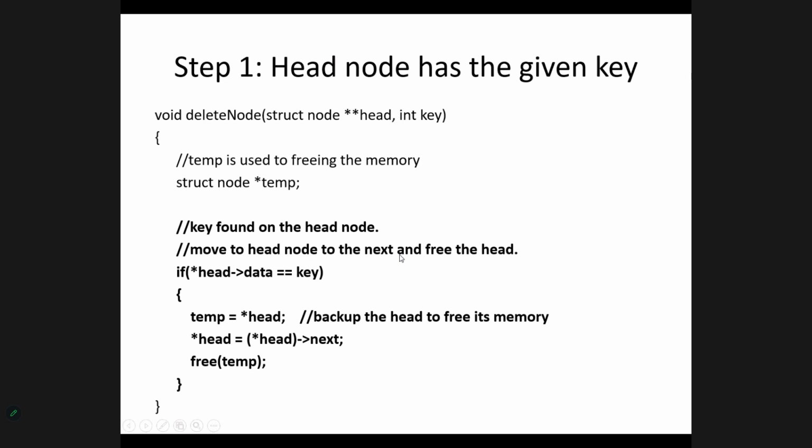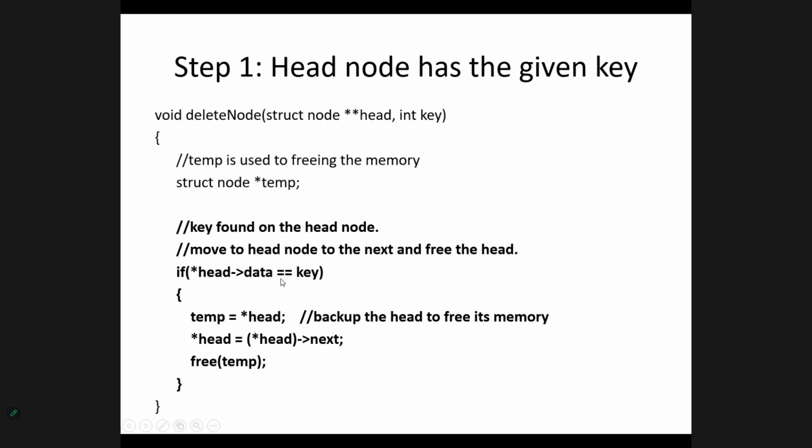So this is the delete node function in C. We will pass the head, that is the linked list, and the key that needs to be deleted. Basically it will assign a temp node, and then move the head to the next and free the head.